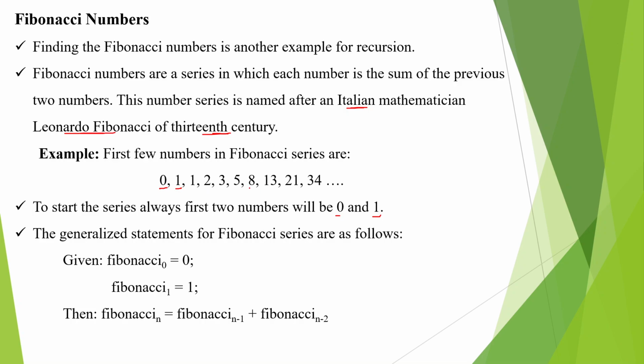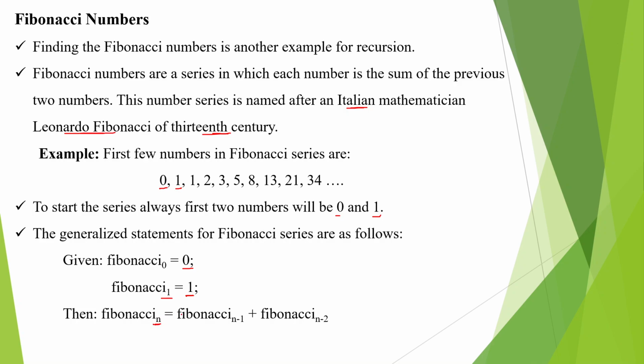So how can we write that conclusion? See here, given that Fibonacci of 0, the first term in the Fibonacci series, is 0, and the second term, Fibonacci of 1, is 1. How can we calculate the nth term?